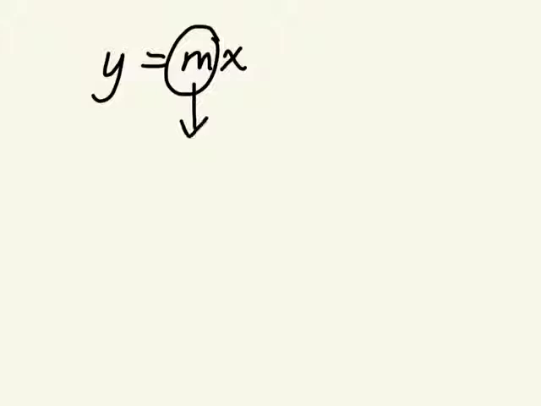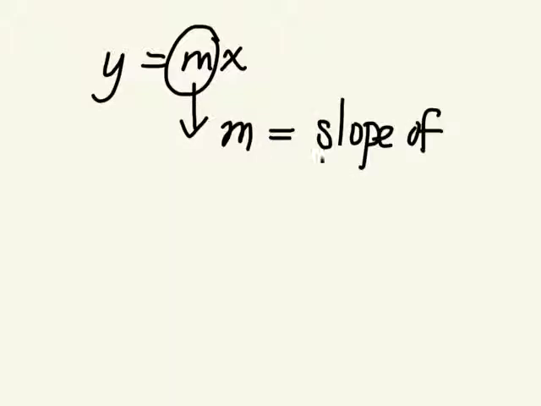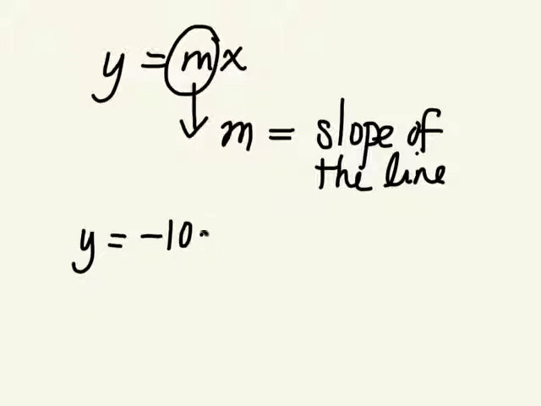What do you think that something, what does m represent then when it's written like this? M equals, what did it represent? Which was what? What part of the line? Good. Slope of the line. So if I give an equation and I write y equals negative 10x and I say to you, what's the slope of this line?